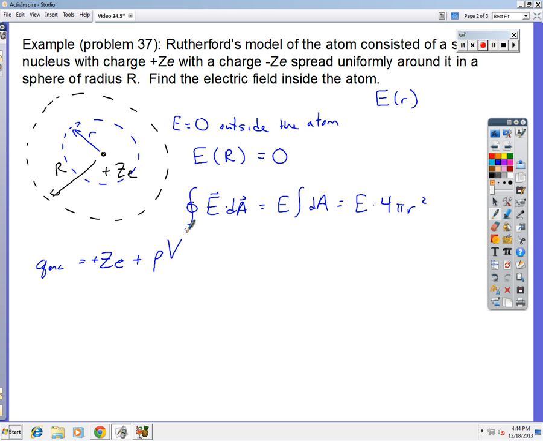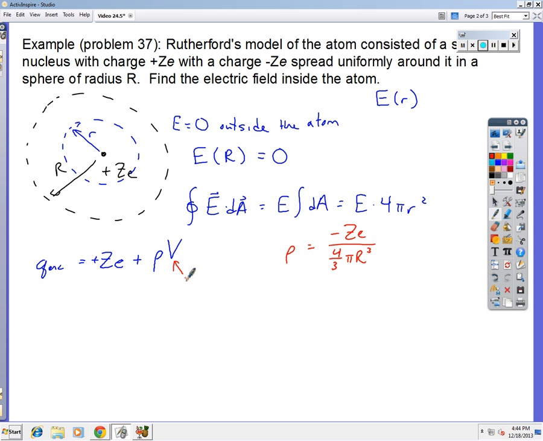Now that's helpful, but we still need to express what that charge density is. And it equals the total negative charge, which is negative Ze, divided by the total volume of the atom, which is 4/3 pi times big R cubed.